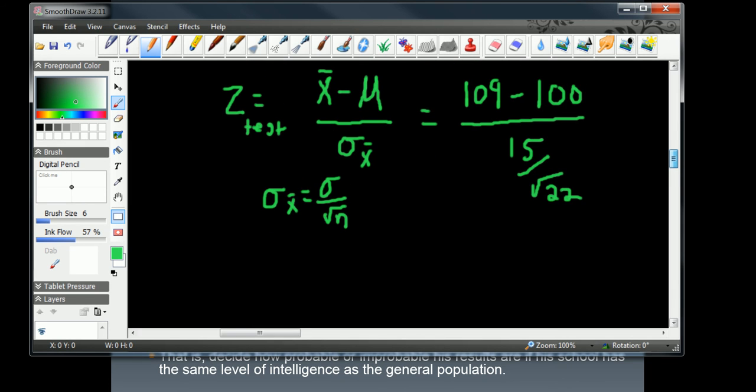So the numerator is easy. The numerator is 109 minus 100. That is 9. So his school's average IQ was 109 compared to the population average, which is 100. Is his school's IQ higher than the population average? So we want to divide that by the standard error estimate. To do that, we take 15 and divide it by the square root of 22.